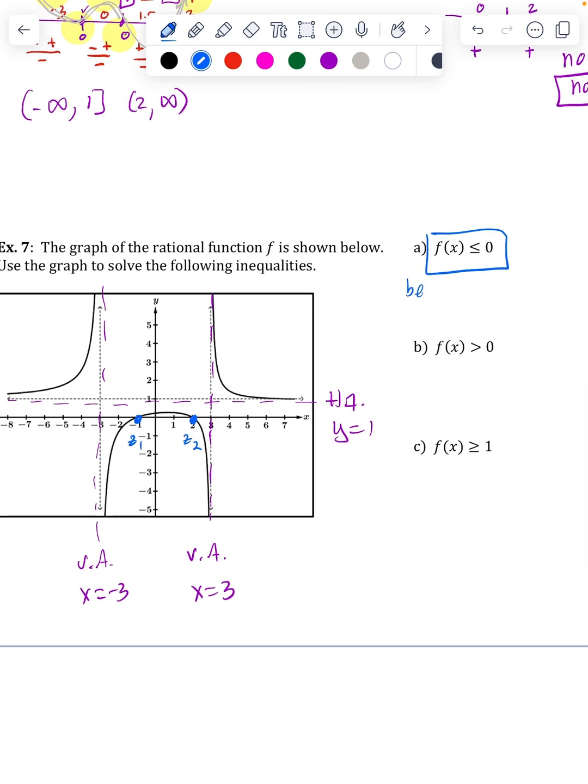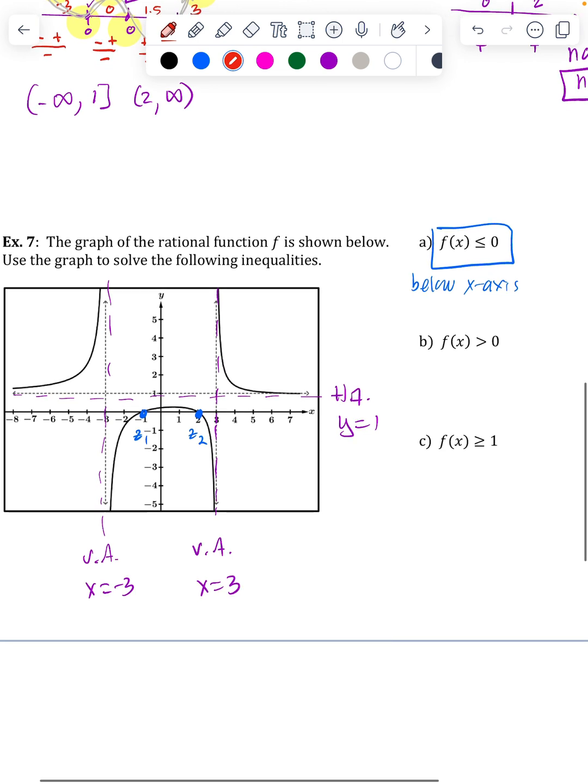Meaning, since we're looking at the graph below the x-axis, we can't do a sign chart because we don't have anything to plug into. So if I'm looking for places where it's going to be on or below the x-axis, I'm looking for this piece and this piece.